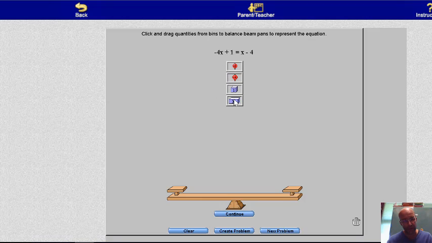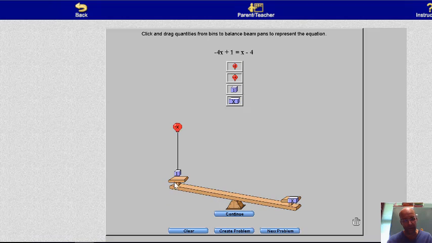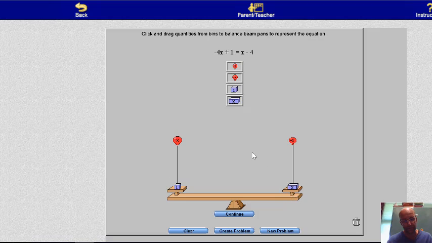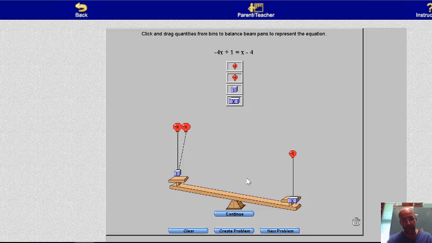You've got a choice between an x block like this, and a constant 1 like that one. You've got balloons. The balloons pull upwards. And you've got constant balloons which pull up by 1, and so on.